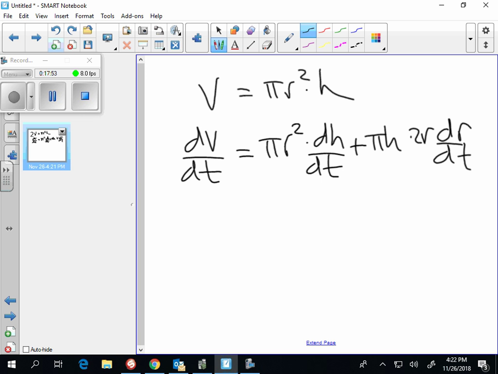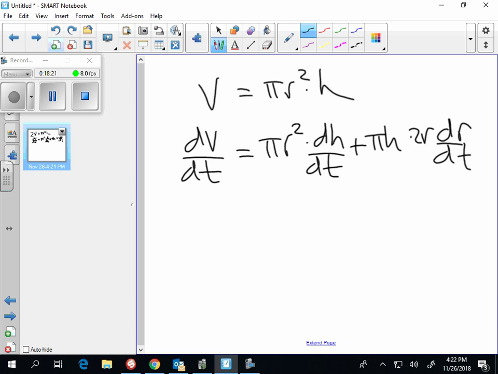Now you can see we have a lot more stuff that we would need to plug in, right? We're going to be looking for one thing, but how many unknowns are there? There's dr/dt, there's r, there's h, there's dh/dt, and there's dV/dt. So they're going to have to give me 4 of those 5 pieces of information in order to solve a problem like this. The problems are much easier, like in A and B, where one of those values, either height or radius, is held as a constant.